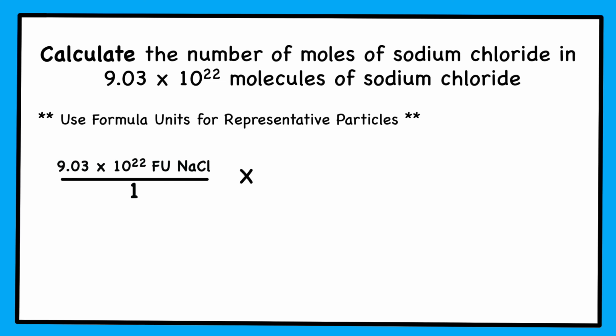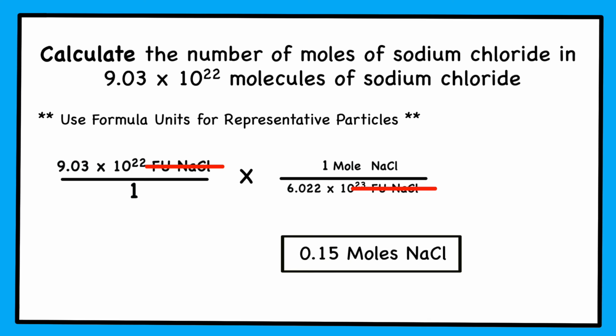Then I'm going to multiply it by the relationship of 1 mole of sodium chloride over 6.022 times 10 to the 23rd formula units of sodium chloride. My formula units cancel out, and when I do the math, I get that there are 0.15 moles of sodium chloride present within 9.03 times 10 to the 22nd formula units of sodium chloride.